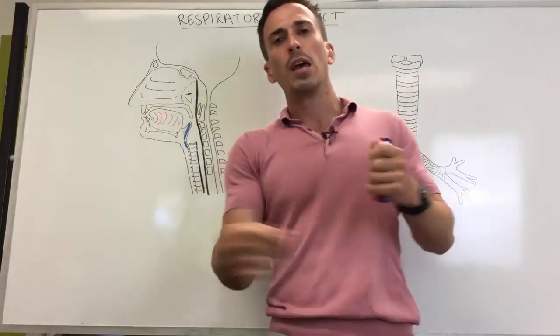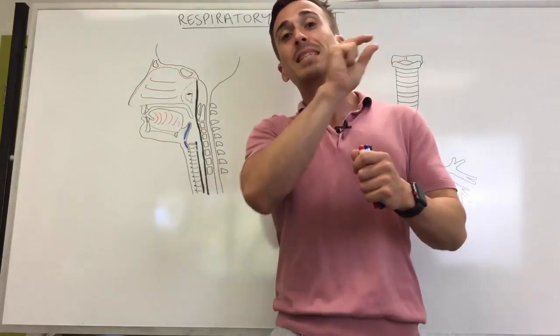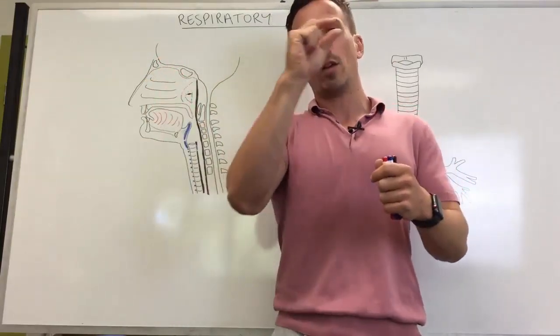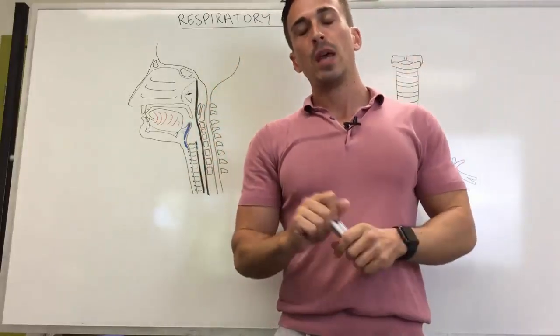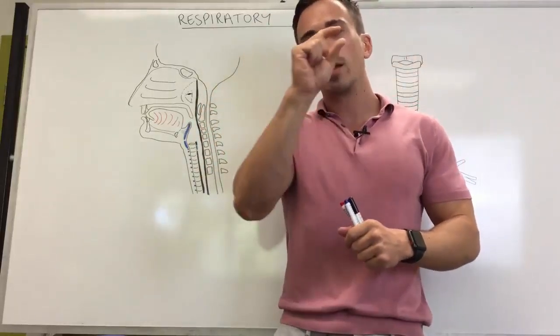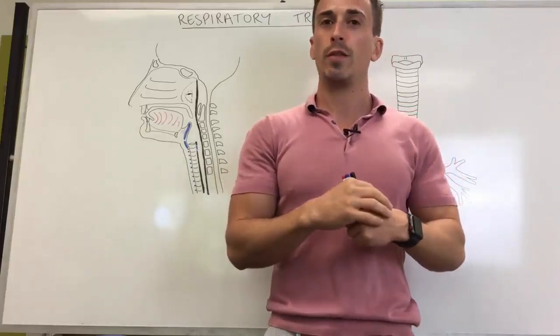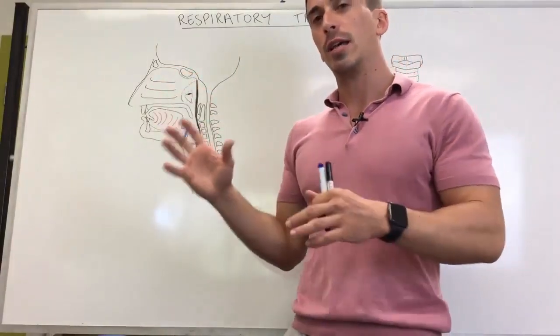So for example, if you have one layer of epithelial cells, that's a simple layer, that's what we call it. If you have many layers of epithelial cells packed on top of each other, it's called stratified. If you have a single layer of epithelial cells but it actually looks like many layers, that's called pseudostratified. So we have pseudostratified epithelia inside our nasal cavity.